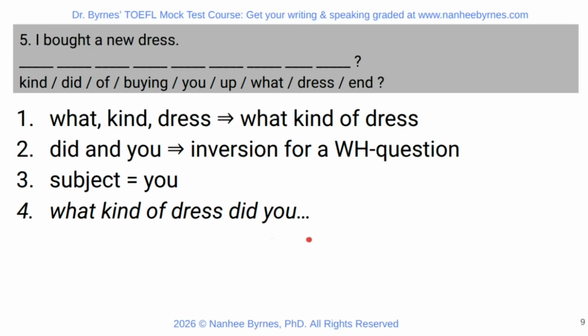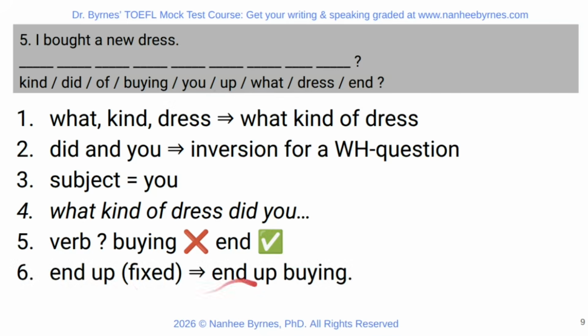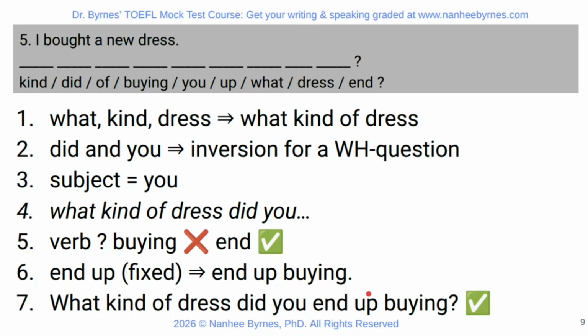The main verb should be buy, but in the given words we have buying in the ing form. The only other verb is end, and end up is a fixed expression meaning finally do something. In this construction, up requires an object, which is buying. Putting all the pieces together, we get the complete question, what kind of dress did you end up buying?